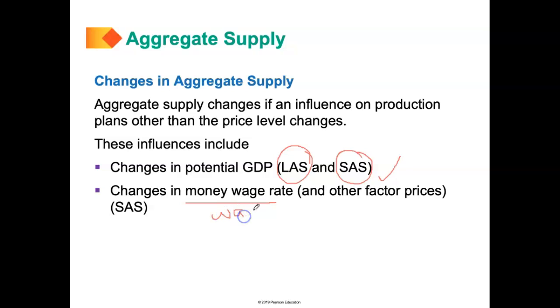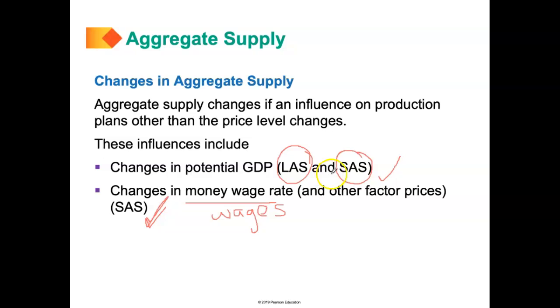It's a funny way of saying changes in wages. We say money wage because this has not been accounted for inflation and other factor prices. We said the factors of production are land, capital, labor. Maybe machinery becomes expensive or cheaper. Other factor prices only affect the short run aggregate supply curve.